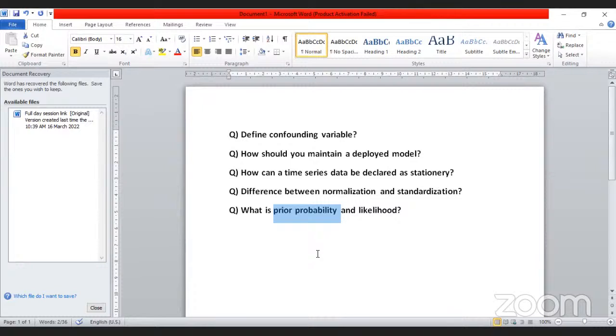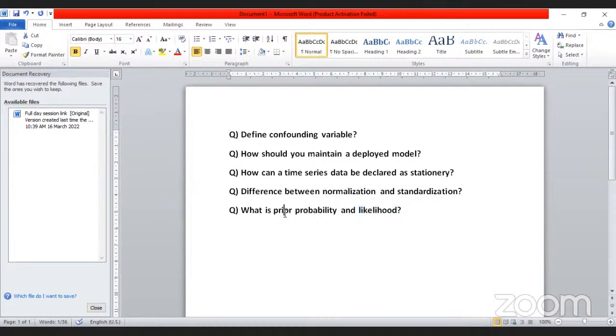While likelihood is the probability of classifying a given observation in the presence of some other variable. This is the probability of classifying the observation in the presence of some other variables.